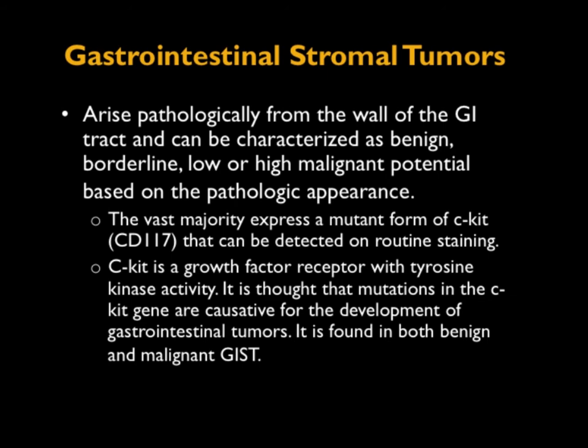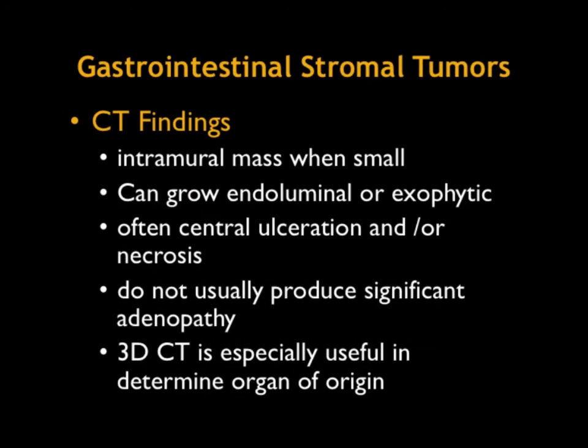Key things about them on the path side, the vast majority express a mutant form of c-KIT or CD117, and c-KIT is a growth factor with tyrosine kinase activity. And it's found in both benign and malignant GIST tumors. As I mentioned, they can grow extraluminally, and that's typically how we think about them.